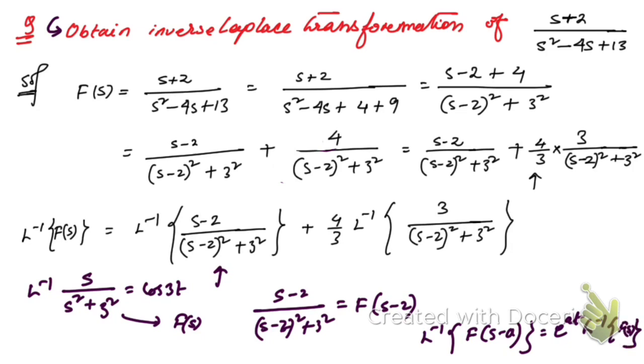We're going to use that. Okay, so if that is the case, inverse Laplace transformation of this will be, here you see f of t is this one here, that means inverse Laplace transformation of f of s is cos 3t. So in this case, if you apply this rule, then this is going to be equal to e to the power 2t cos 3t, right? So hope you have understood this. Now let me clean these things.